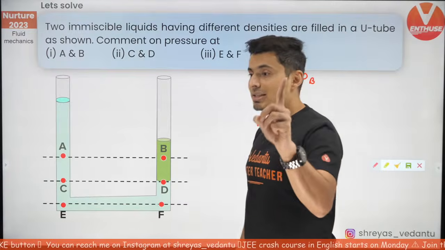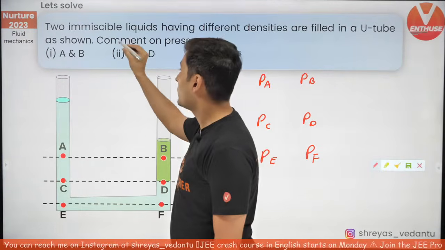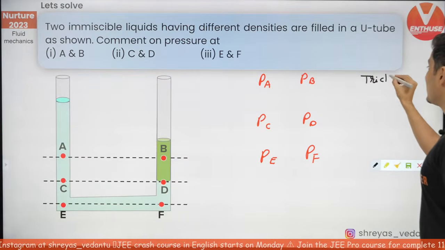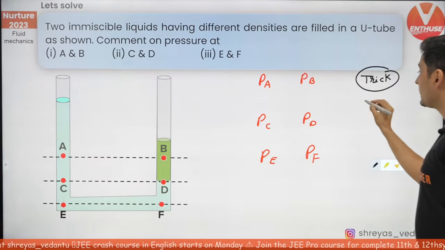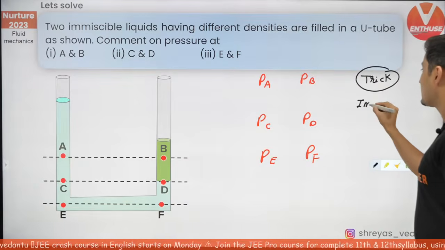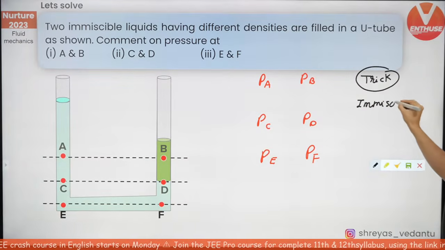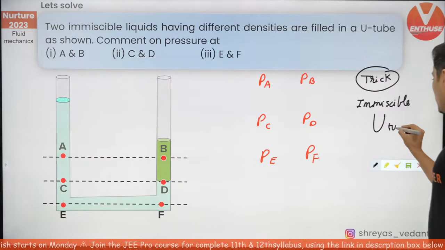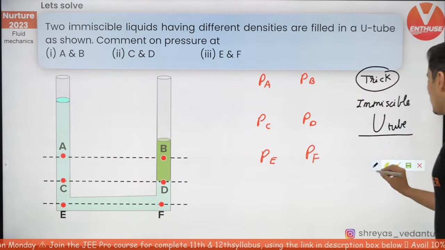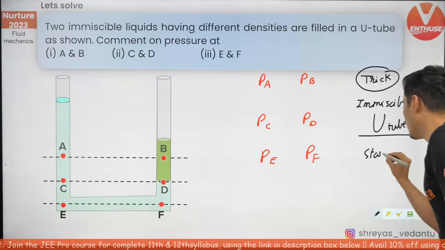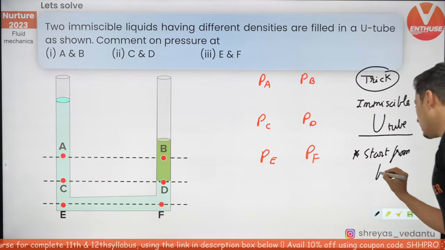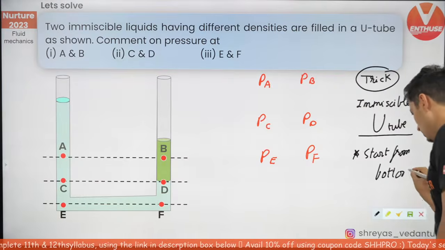Now, the logic for solving immiscible liquid problems. I'm teaching you a trick. Whenever you see immiscible liquids in a U-tube, start from the bottom.